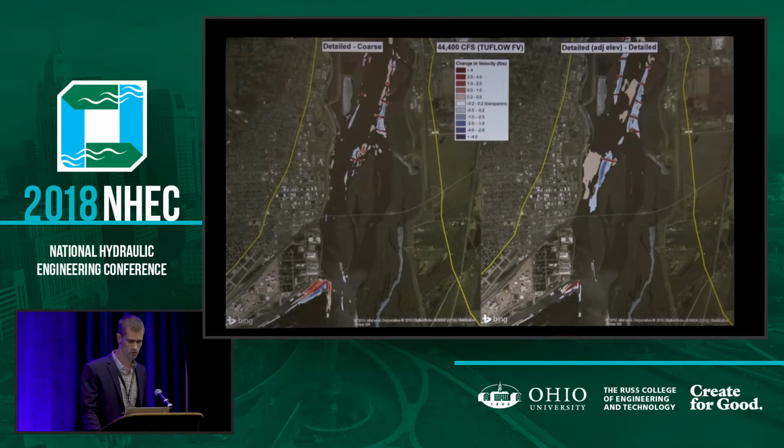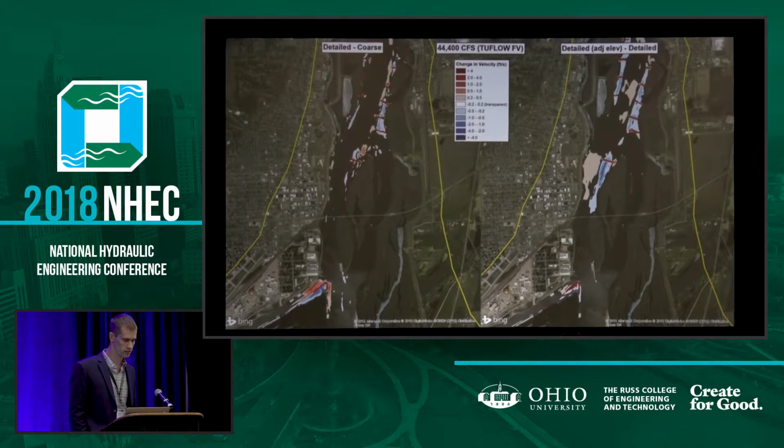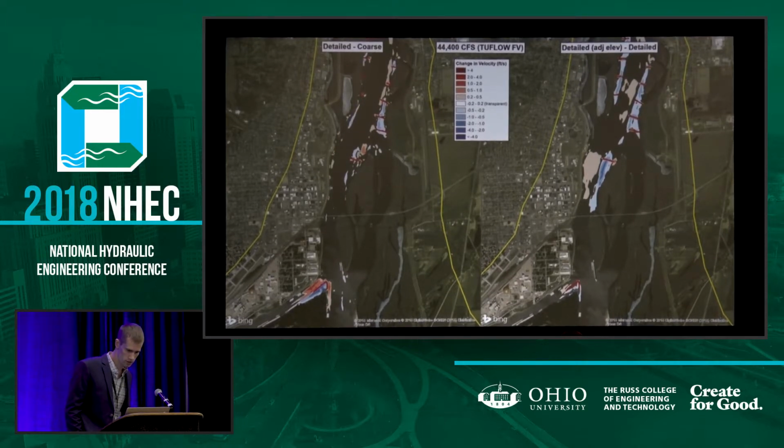So using 2-flow FE at 44,000 CFS, the plot on the left shows what happens if you add a more detailed mesh at the wing dam locations. Anything we see in red is where velocity actually increased, and blue is a decrease. A lot of these changes are 0.2 to 0.5 feet per second.